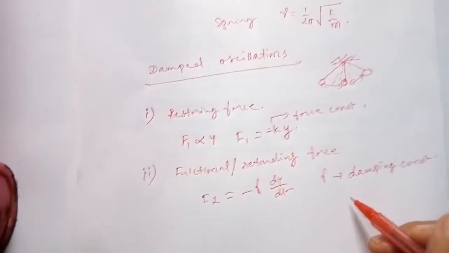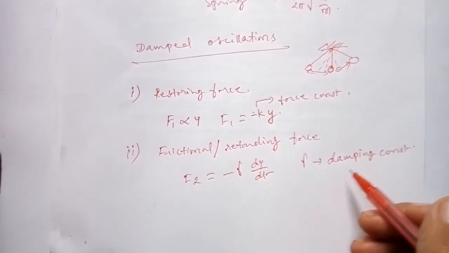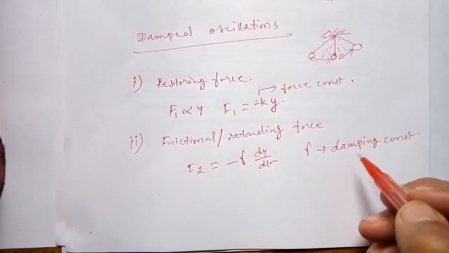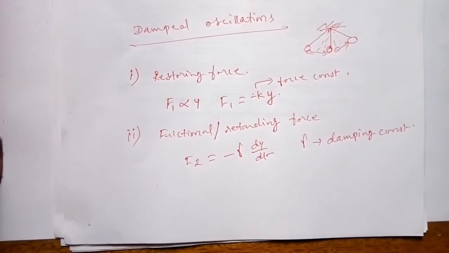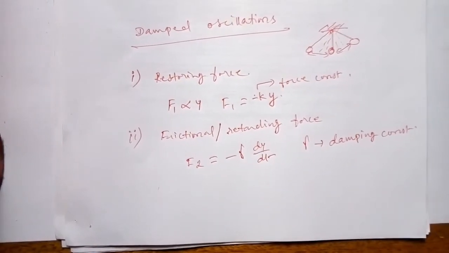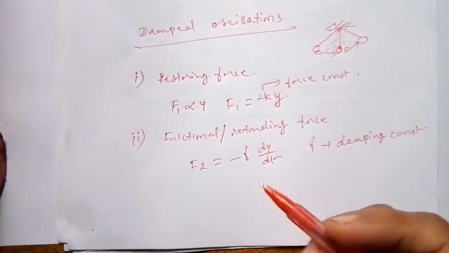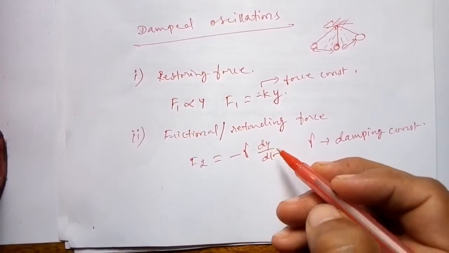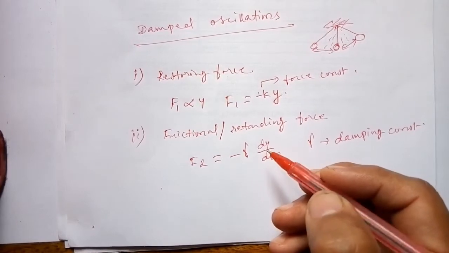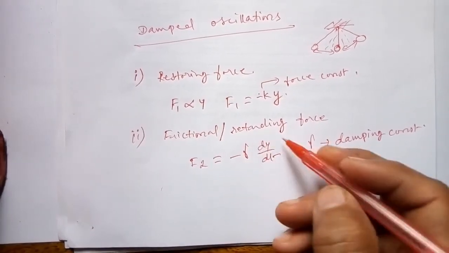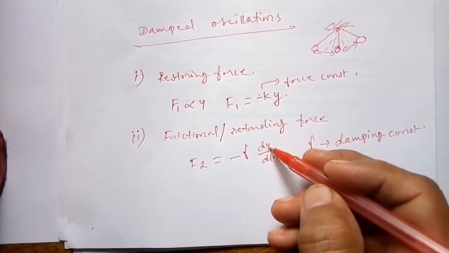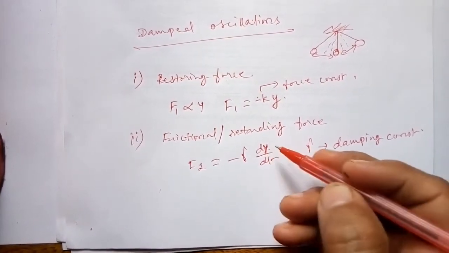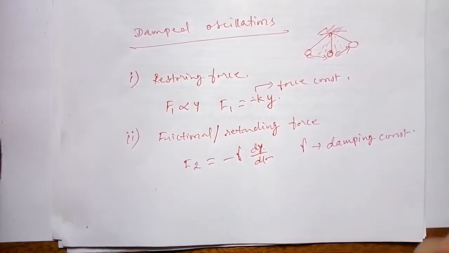In other words, it is nothing but the frictional force per unit velocity. This frictional or retarding force, which is proportional to velocity, is written in terms of displacement, where dy by dt is nothing but velocity.